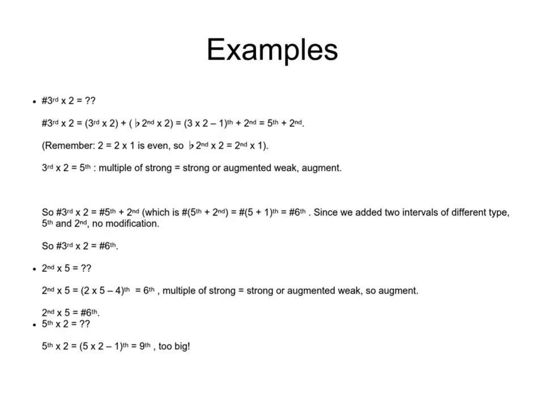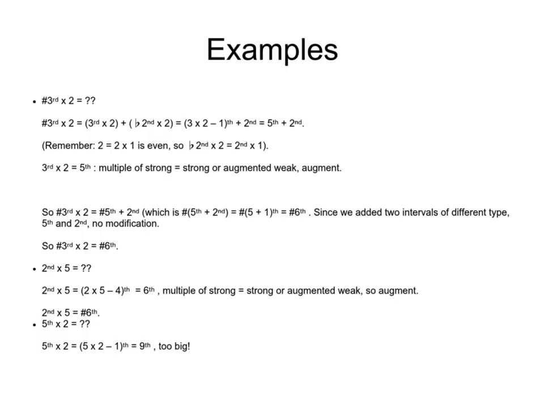We just added the fifth and the second. We get the sixth, and we already had the augmented, so that's why we keep it. So an augmented third times 2 is equal to an augmented sixth. And remember that an augmented third is just a fourth. And remember, a fourth times 2 is equal to an augmented sixth, which is also a diminished seventh on the piano, of course.